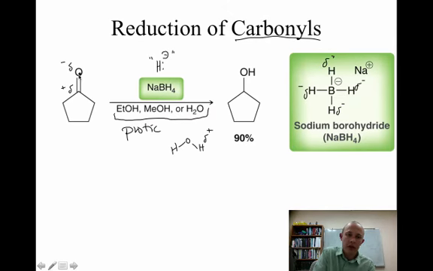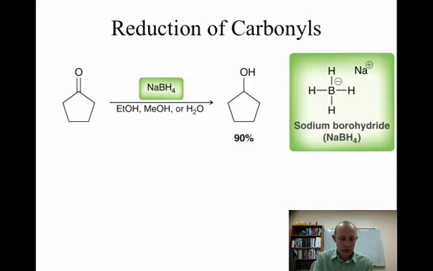You have a partially negatively charged oxygen, which is going to attack the positively charged hydrogen in your protic solvent. And in that way, this hydrogen is going to come from your sodium borohydride, and this hydrogen is going to come from your protic solvent. For example, if we just imagine the mechanism here.